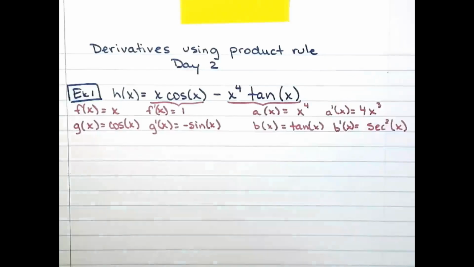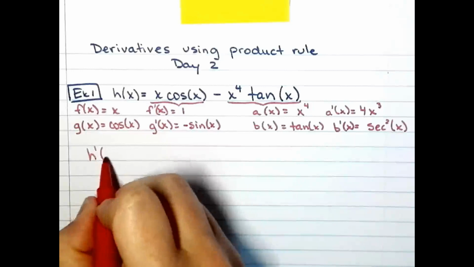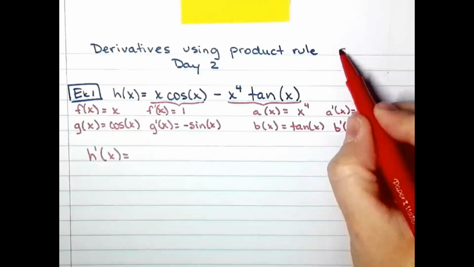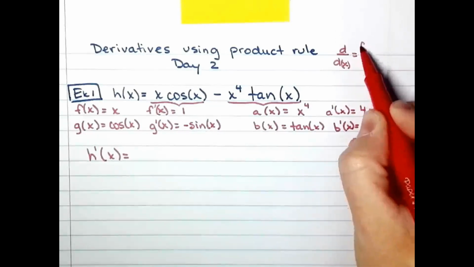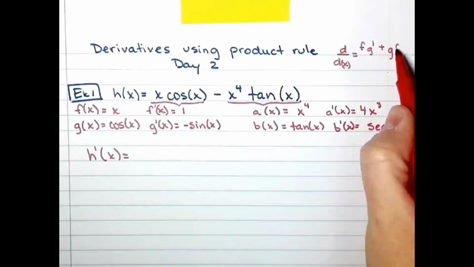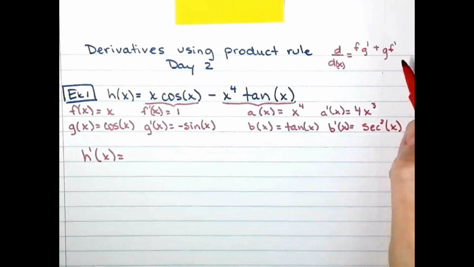Okay, I will bring it all together. So the derivative of function h, I'm going to put that right there. So it's f g prime plus g f prime. You already know this by heart, but just so we have it so we can point.